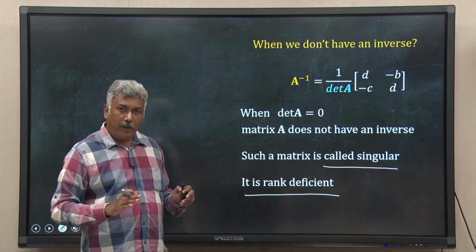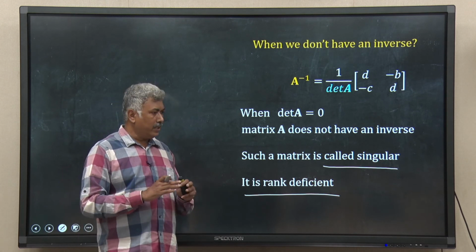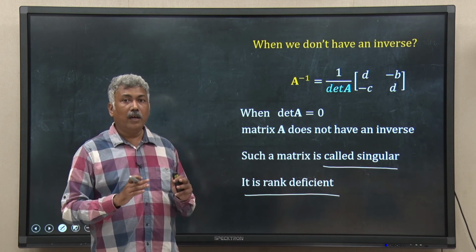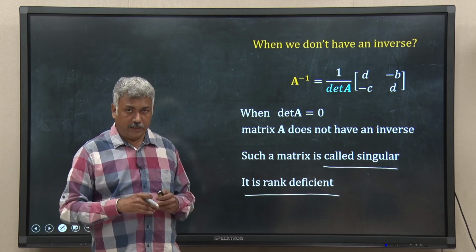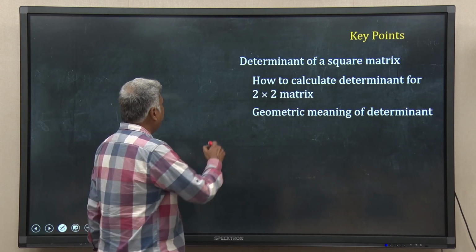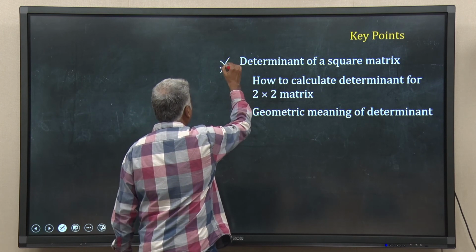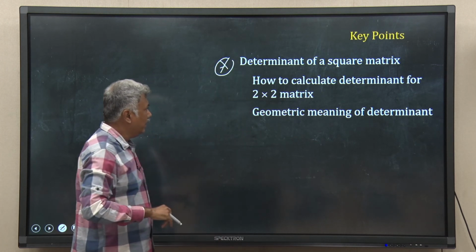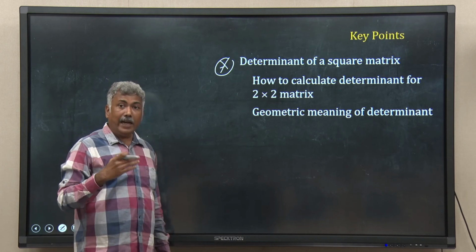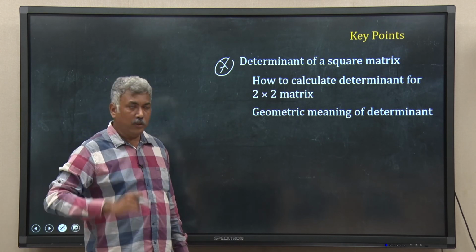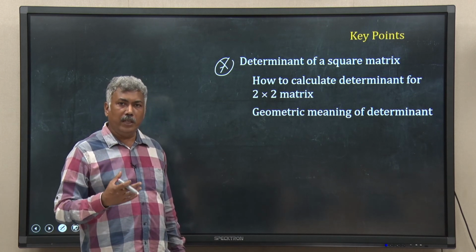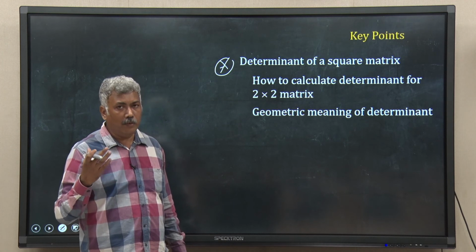So, we have discussed determinant, we have discussed rank, and now we have completed the discussion on what the inversion of a matrix is. So, let me jot down what we have learned in this lecture. The determinant of a square matrix is a scalar property of a square matrix, and we have discussed how to calculate that, at least for the 2 by 2 system, which you can do by paper and pen, and also we have tried to understand the physical or geometric meaning of the determinant of a matrix.